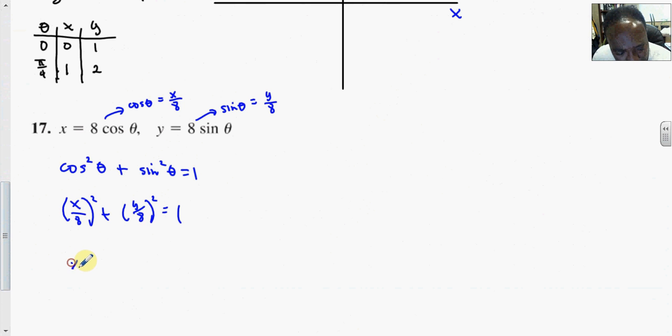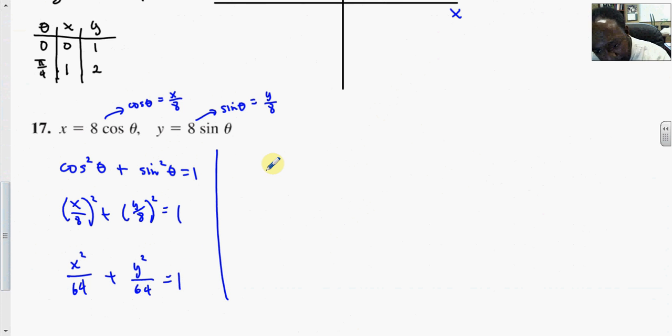So this is x squared over 64 plus y squared over 64 is equal to 1. I was hesitant because I wanted to just write it as x squared plus y squared is equal to 8 squared. So this is a circle, right? Circle with radius 8.